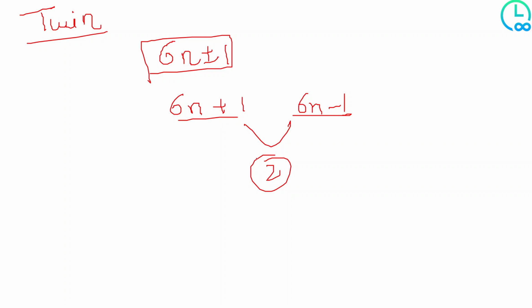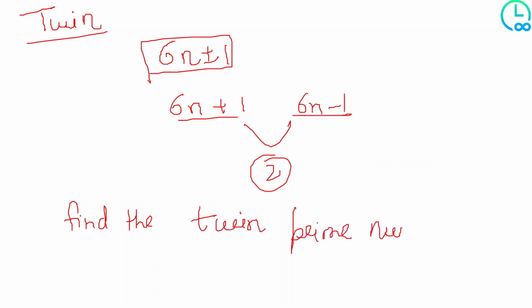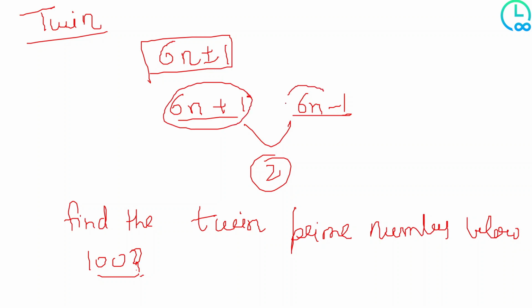Suppose this is the question: find the twin prime numbers below 100. What will you do? You'll use this form.